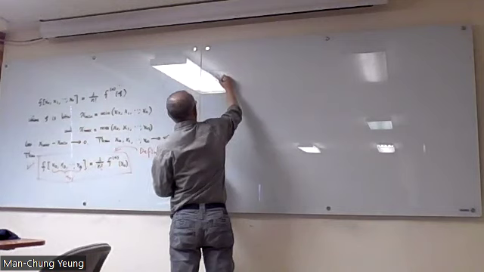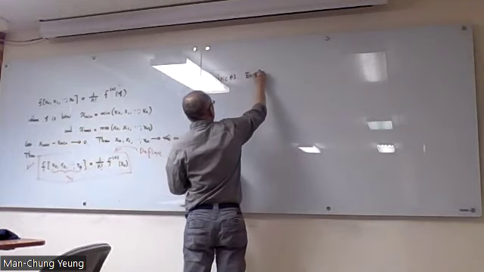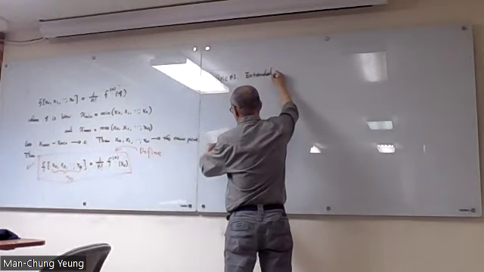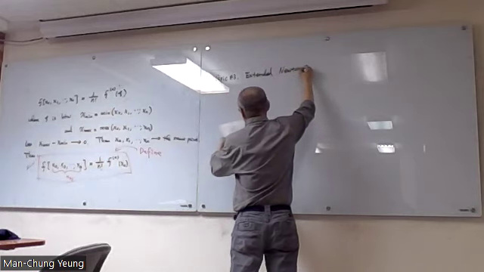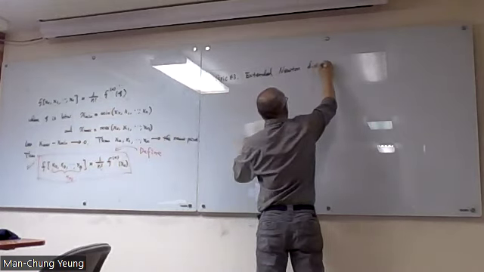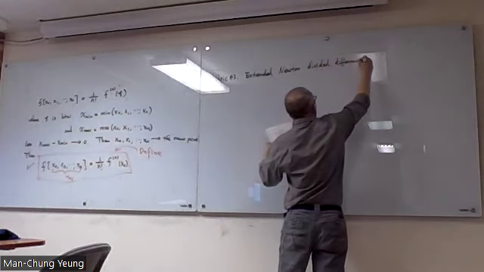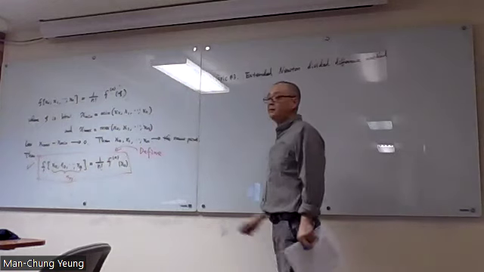This is topic number 3: extended Newton divided difference method for the Hermite problem.